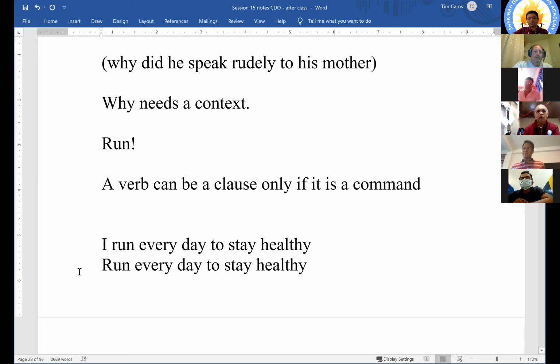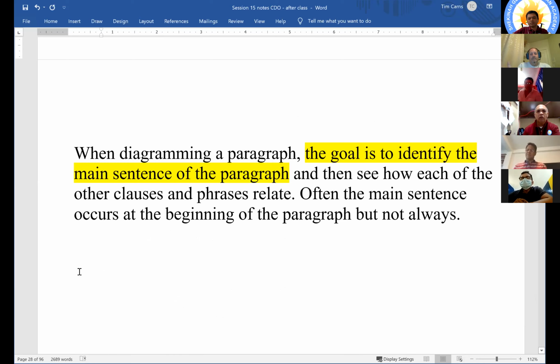All right? Now, what's the point of this? Why am I talking about clauses and phrases and the independent clause, a subject, verb, object? It's for this reason.